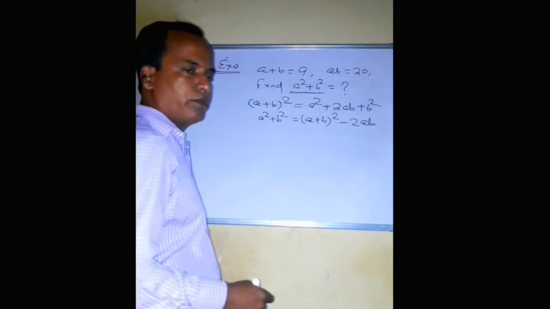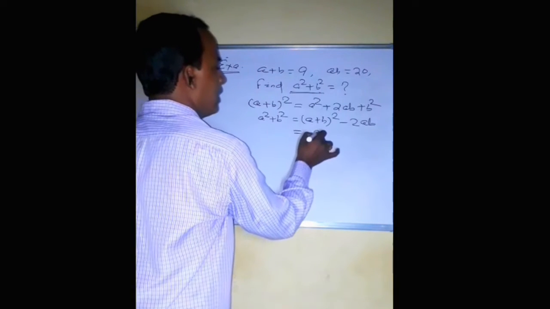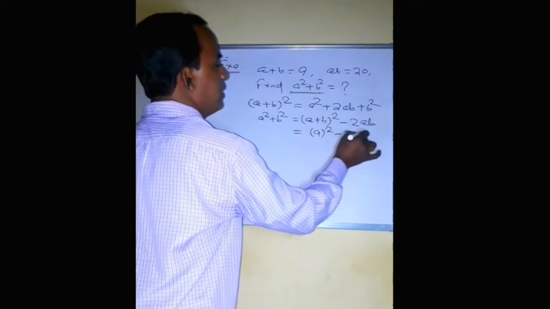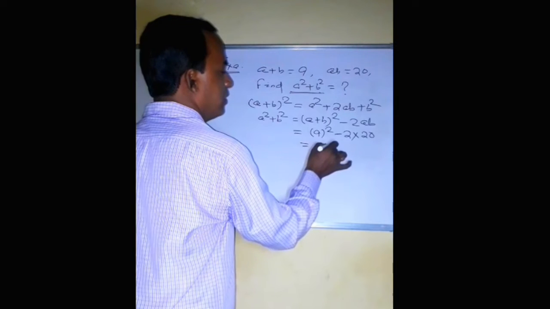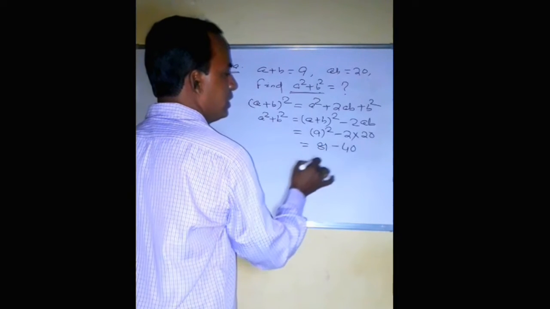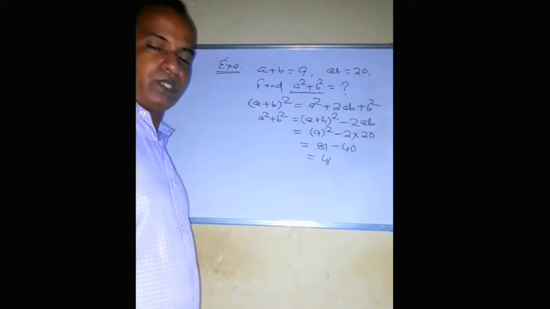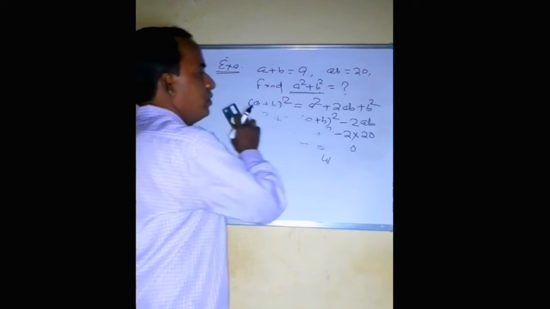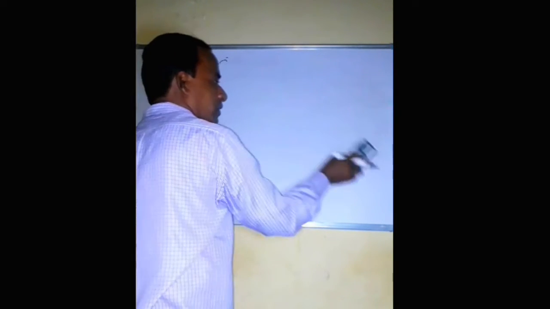Then put the values. A plus b equal to 9, so 9 square minus 2 into ab, 20. 9 square equal to 81 minus 2 into 20, 40, so 81 minus 40 equal to 41. So this is one such example which is in the syllabus, and different types of examples may be in your exam.